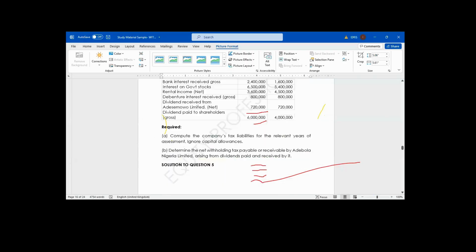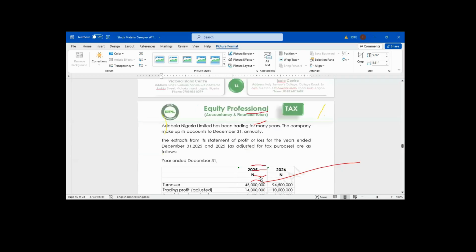Look at this question. The turnover of 45 million gives us what kind of profit? Adjusted profits, trading adjusted profits.